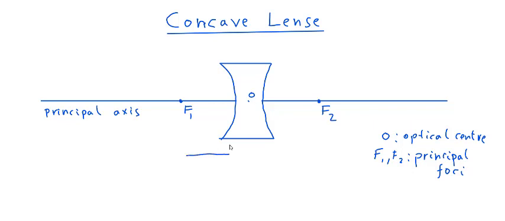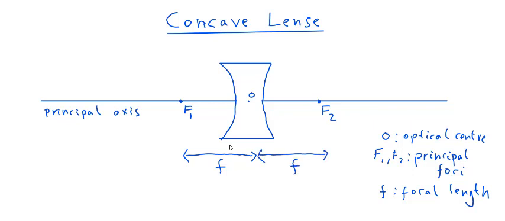Okay, so this distance is F, the focal length. And this is F as well, little f. So let's discuss how a concave lens affects light.